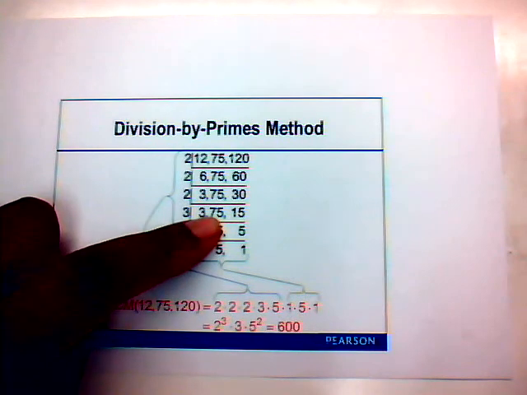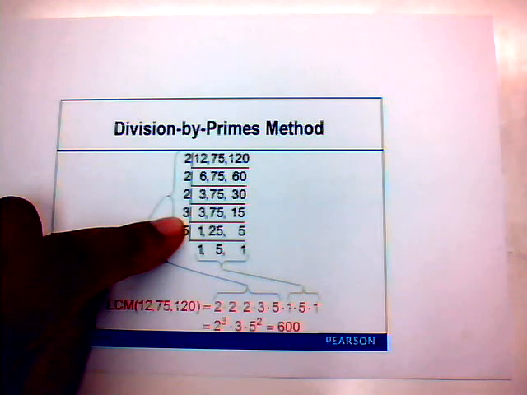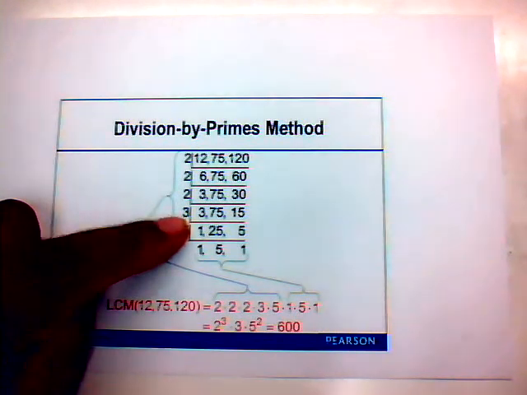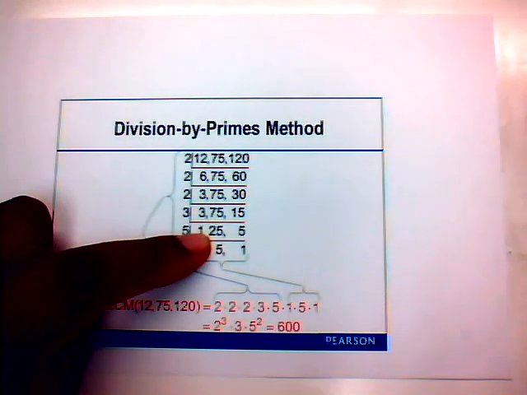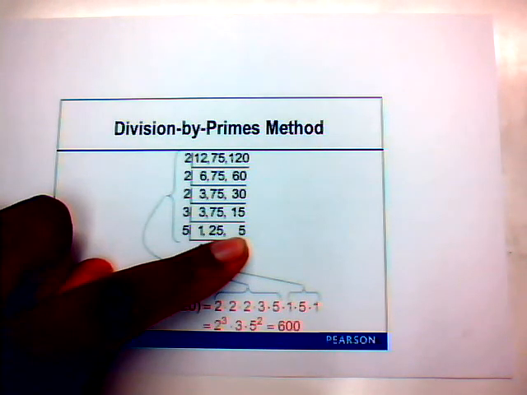So now for 3, 75, and 15, let's use 3. Because those numbers are not divisible by 2, so we need to try another prime number like 3. 3 goes into 3 1 time, 3 goes into 75 25 times, 3 goes into 15 5 times.